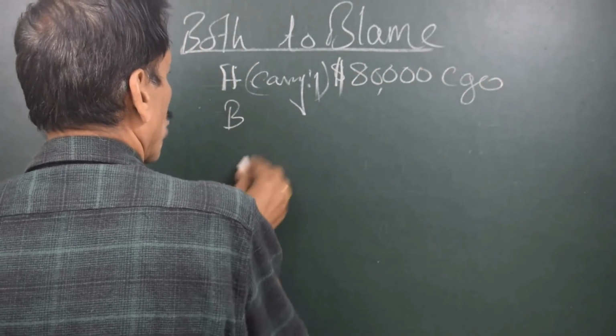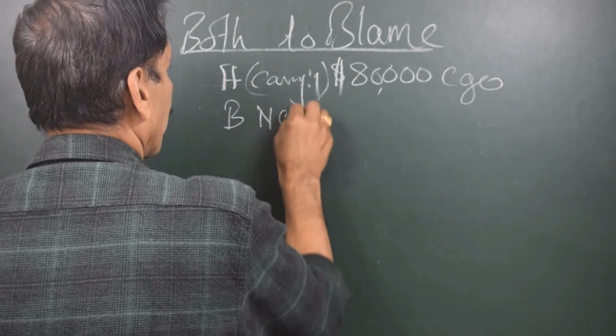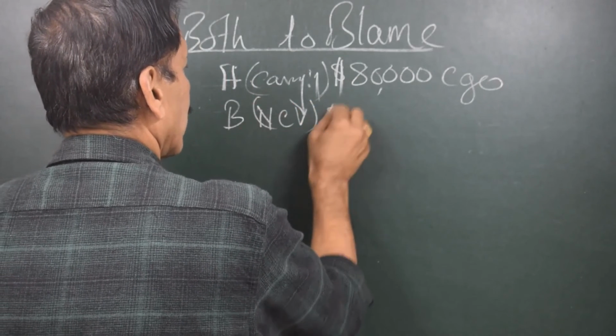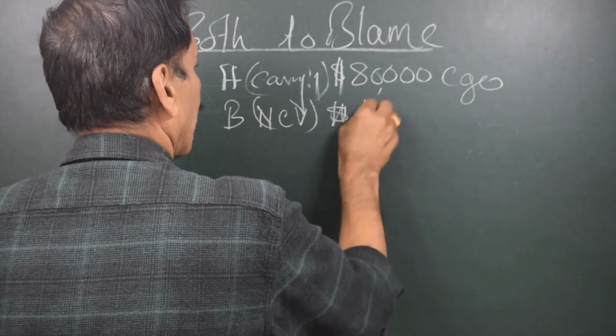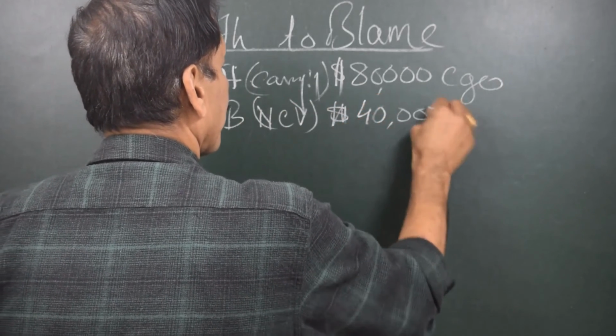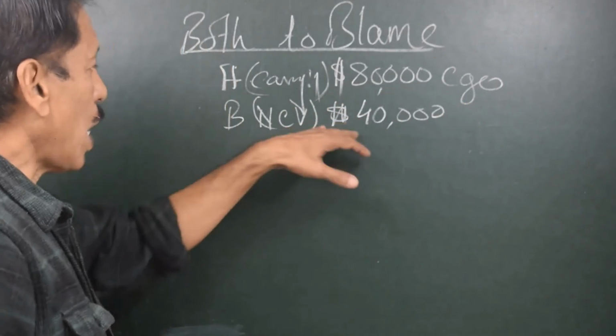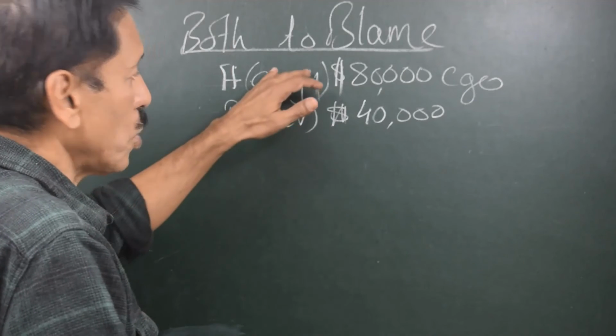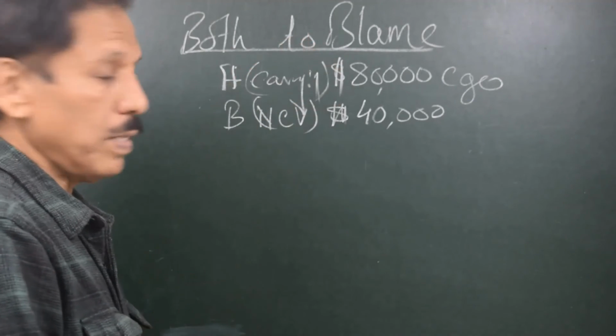And here's ship B, which is a non-carrying vessel, and there is a loss of $40,000. Now there is no cargo on B and there is no ship damage on A, just the cargo damage.